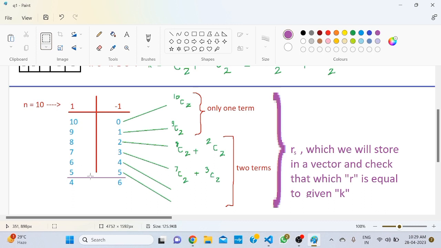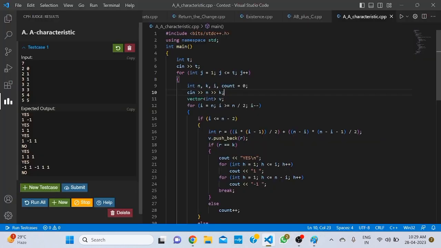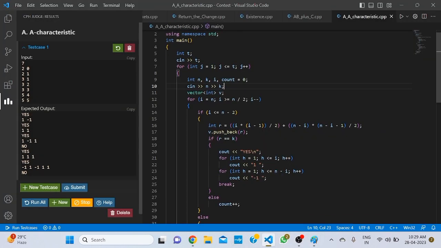N by 2 is 5. So after this 5, the results are repeating itself. So we have made one for loop which is starting from n, our given element n, and we are taking the loop from i equal to n up to i greater than or equal to n by 2, meaning i is decreasing.